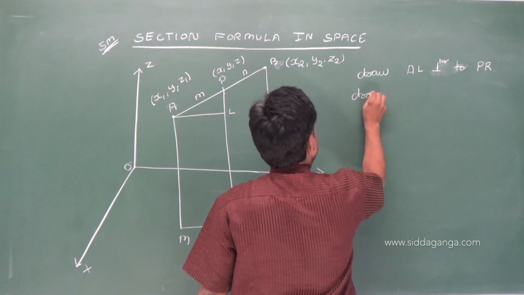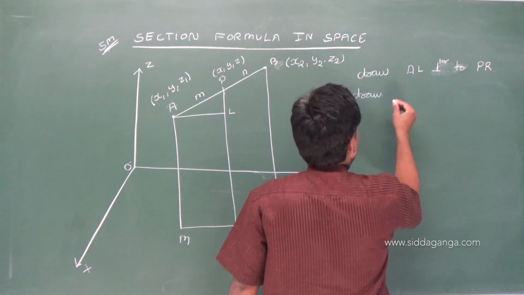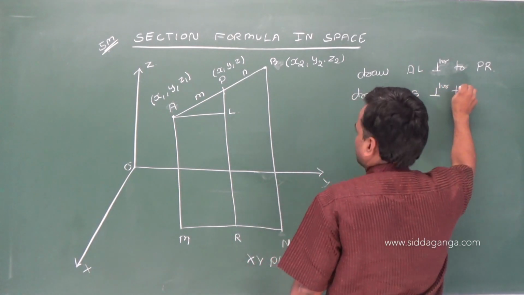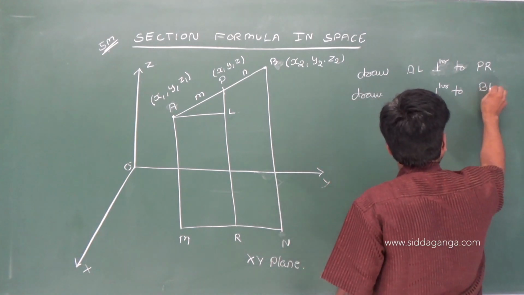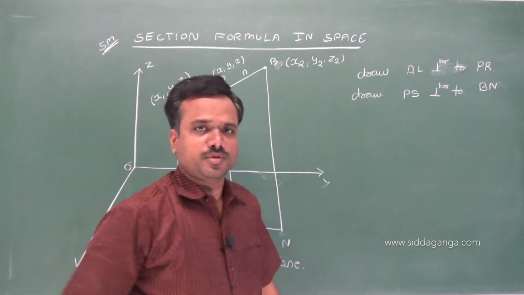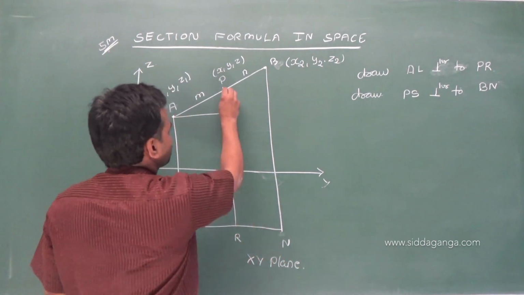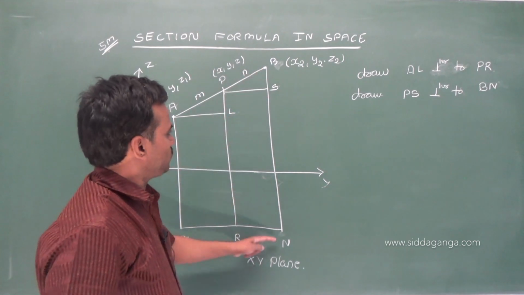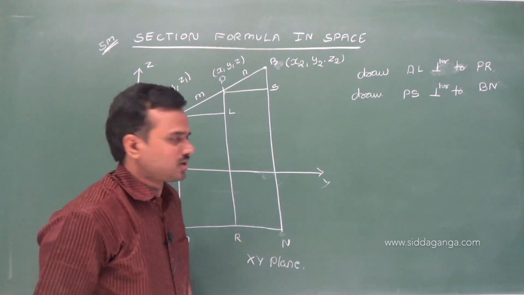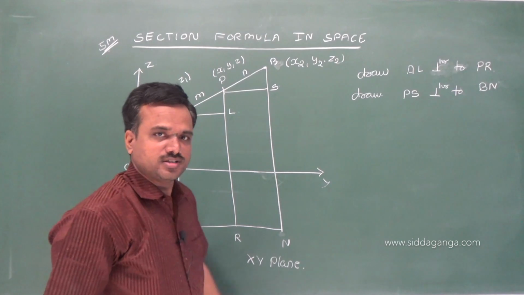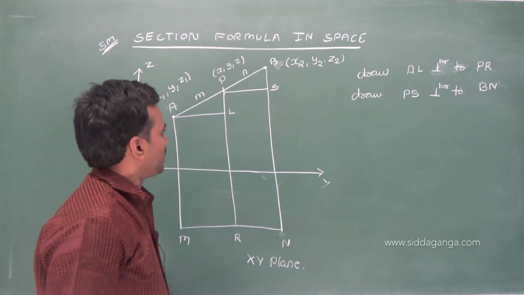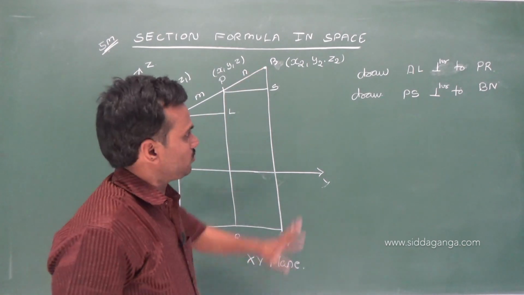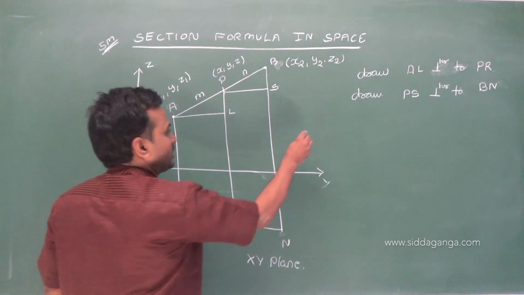Draw PS perpendicular to BN. Draw AL perpendicular to PR. Draw PS perpendicular to BN. Over.